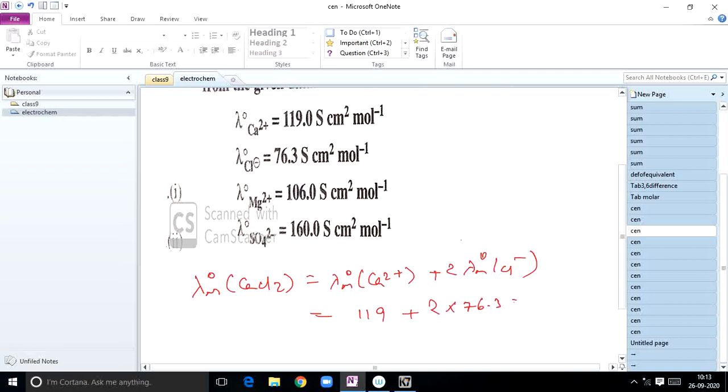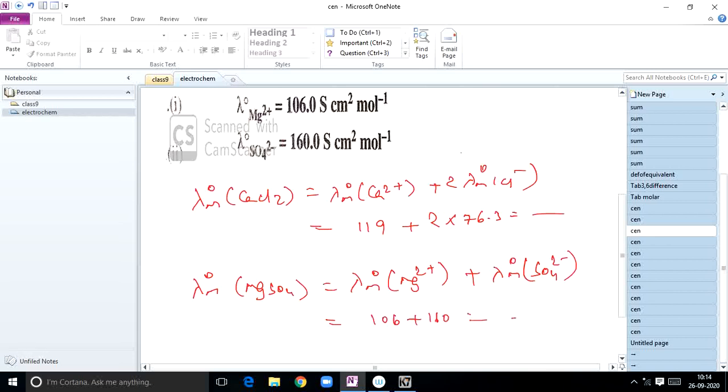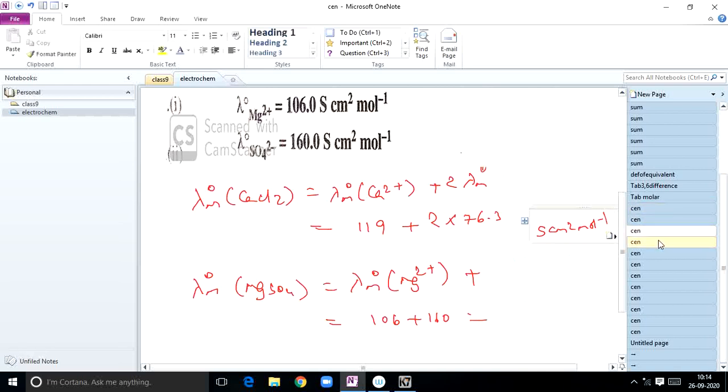You will get the answer. Next, lambda m naught of MgSO4 can be written as lambda m naught of Mg2+ plus lambda m naught of SO4 2 minus. Lambda m naught of Mg2+ is 106 plus 160, so we get 266. Like that here also you will get 271.6 Siemens centimeter square mole inverse. A dead easy sum. Directly apply Kohlrausch law.